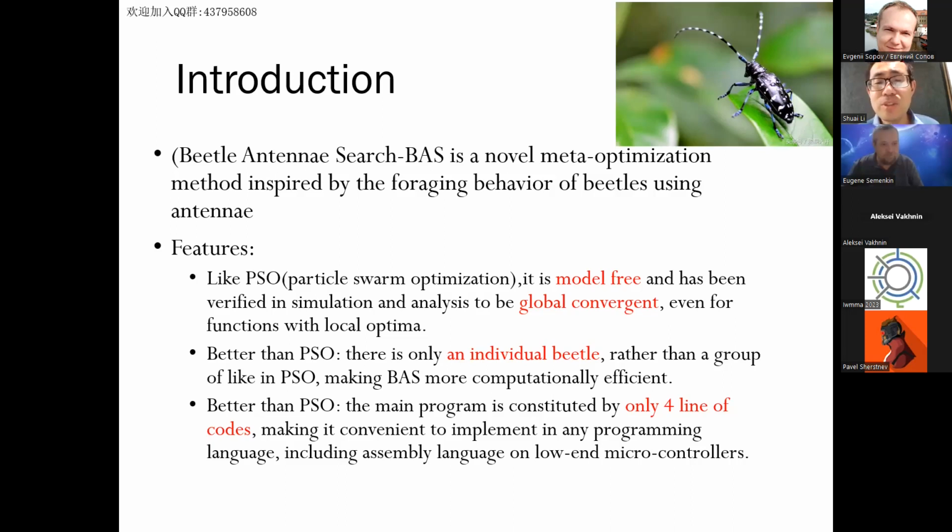The beetle just uses this simple logic to find the global optimum of this smell function. Definitely, the beetle has no idea of the global distribution of the function originally, which means the beetle is searching for food in a completely model-free manner.